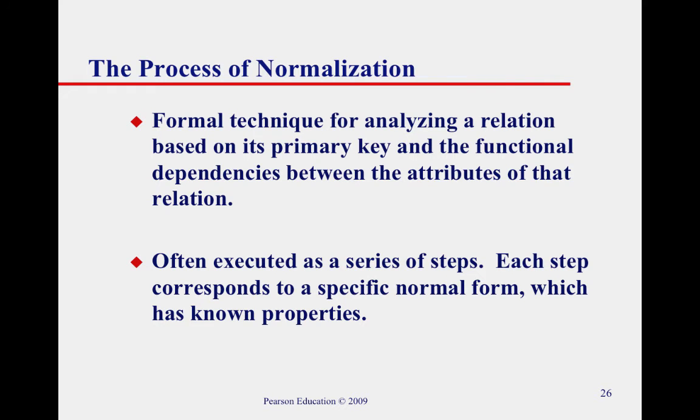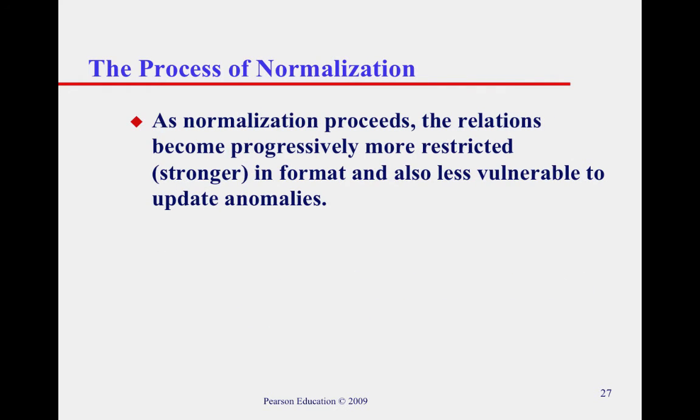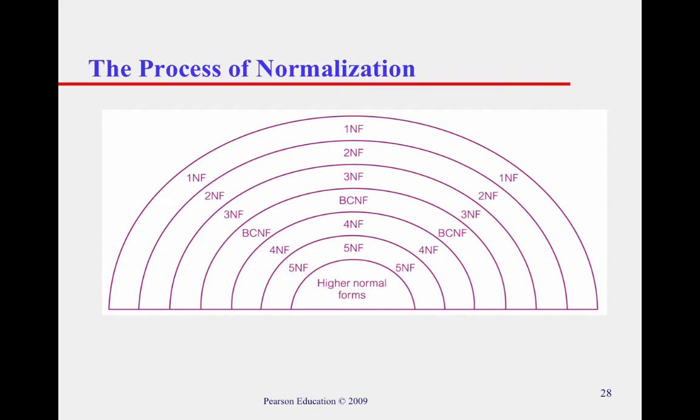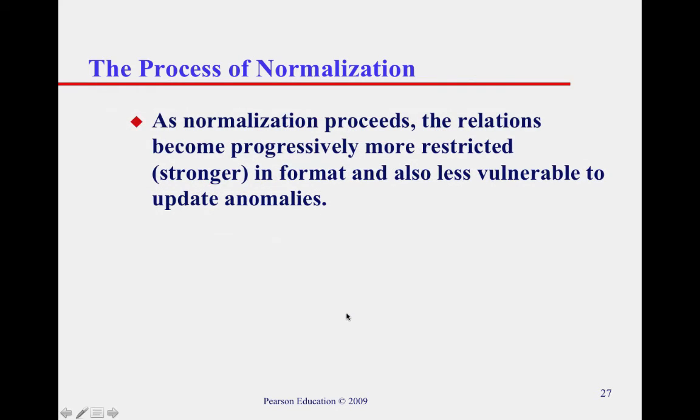Okay, and the normal forms, there's a whole set of them, so researchers went crazy and got all kinds of papers out of them. Usually you go up through what's called BCNF, which is Boyce-Codd normal form, although in this course we're only going to go up through third normal form. The higher you get, the more restricted you are and the less subject you are to update anomalies, but at some point you start to reintroduce other problems.